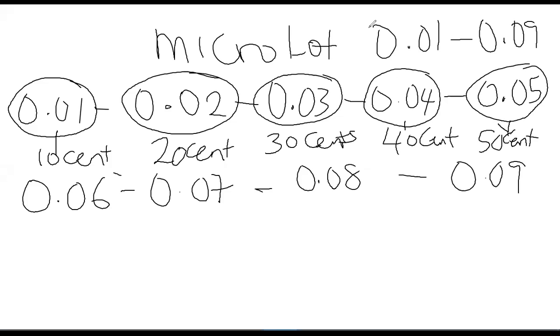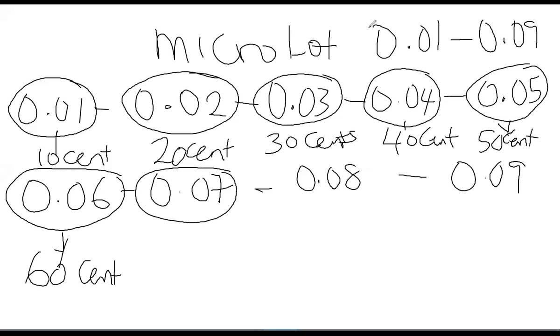So if you trade with 0.06, one pip is going to be how much? 60 cents. That's awesome. Now, if you trade with 0.07, one pip is going to be how much? Tell me. 70 cents. That's beautiful.